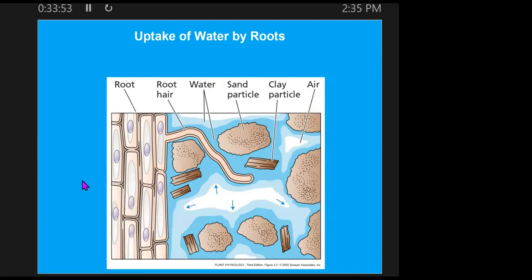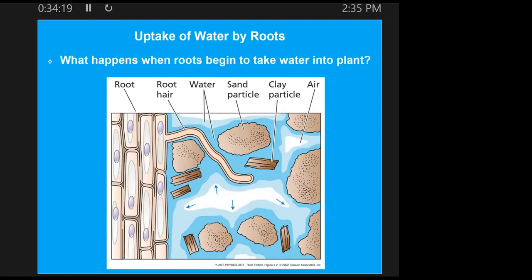In this picture, the bigger pore spaces allow water to leave and get pulled up by the roots more easily. But when you have water clinging to the smaller pore spaces, that water is harder for the plant to bring up because of the cohesion and adhesion forces in those areas.